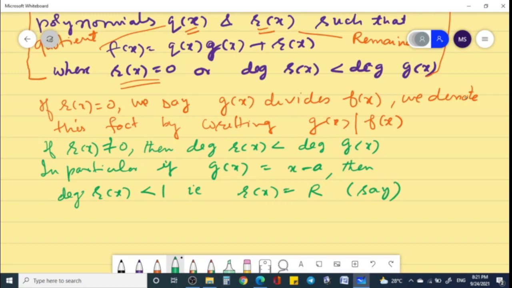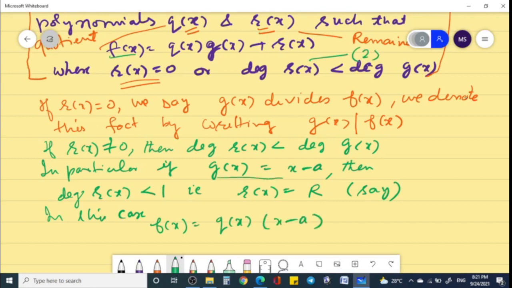We have taken it as a nonzero quantity, so this is a nonzero r. So in this case, f(x) can be written as f(x) equals q(x) times (x minus a) plus r.